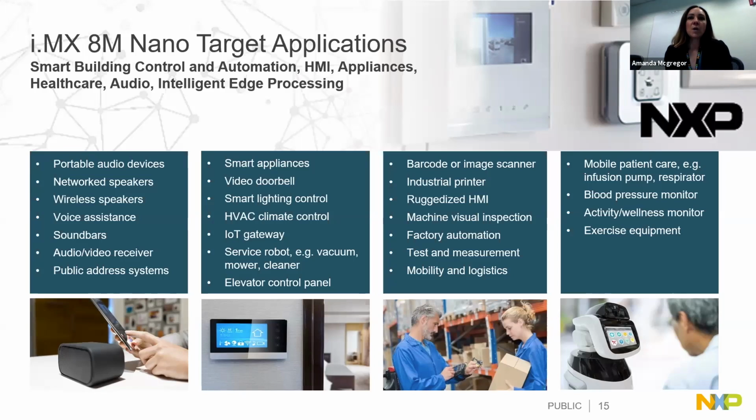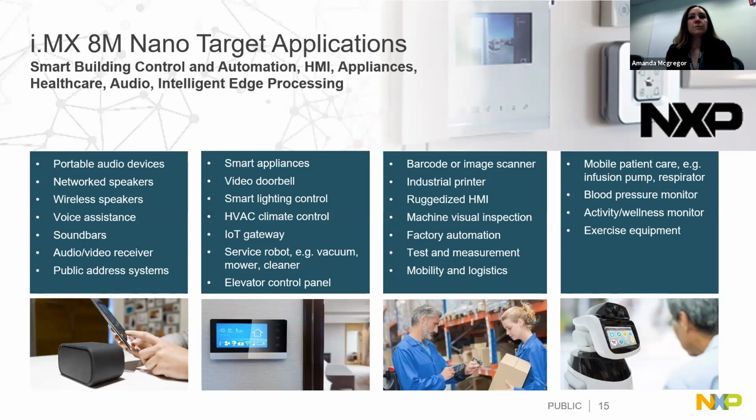The 8M Nano has the right capabilities for this smart connected home, and that includes smart appliances. So if you're cooking, refrigerating, making coffee, talking to a light switch, talking to a speaker, running a thermostat, having a secure entry to your home or building, the 8M Nano is a great fit for any of those applications.